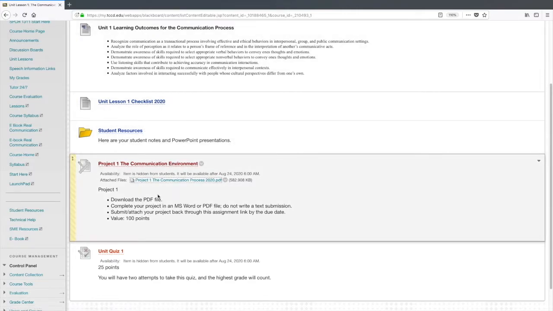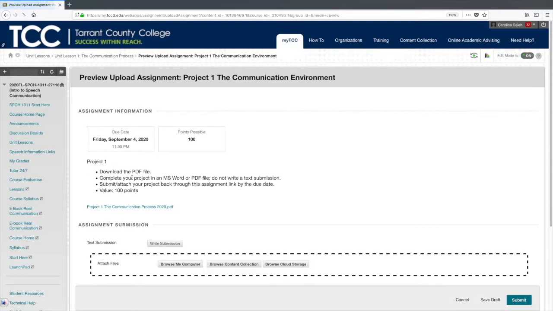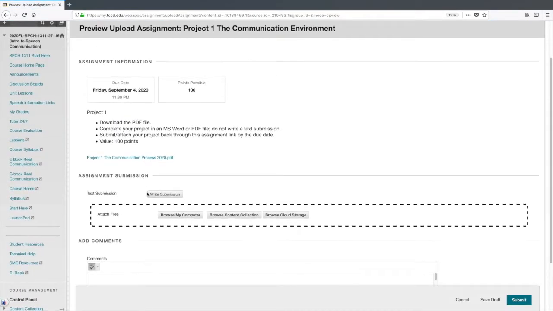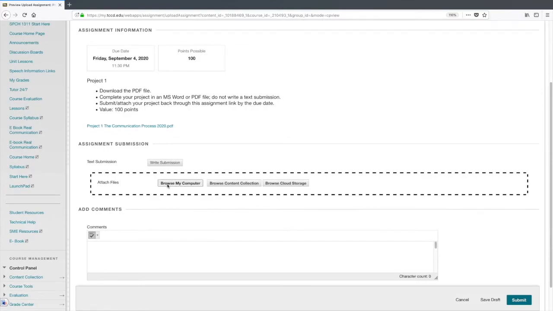Once you have completed that assignment, you would click on the title of Project 1, and then click on Browse My Computer, because you have saved that written project maybe on your desktop from your own computer, or on a flash drive.